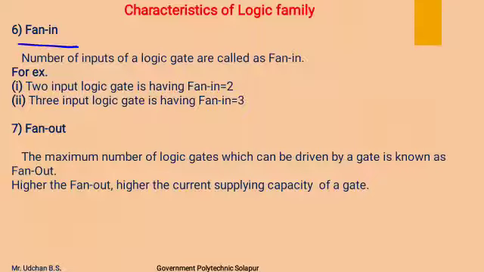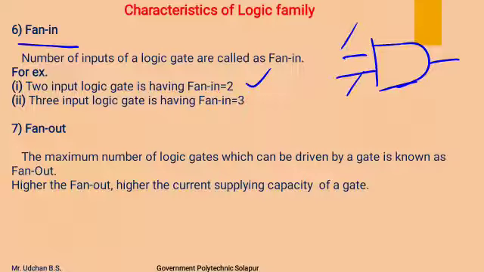The next characteristic of a logic family is fan in. The fan in represents the number of inputs of a logic gate. The first example is the two input logic gate. I can draw here, for example, an AND gate. It has two inputs, so its fan in will be 2.